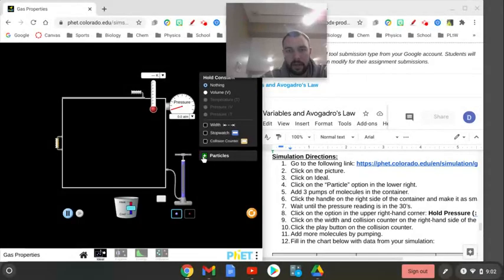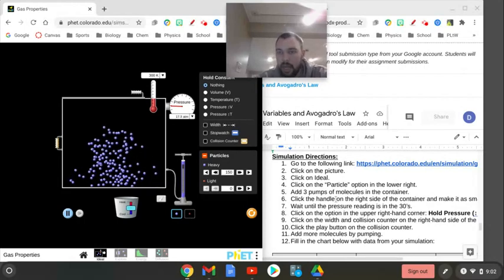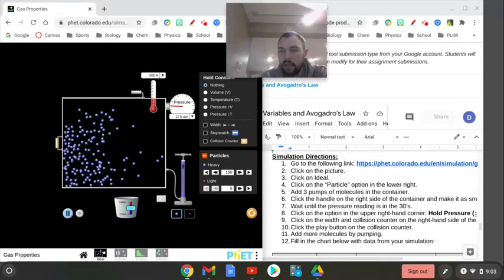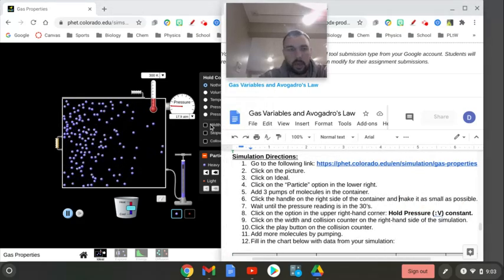It says lower right, right here, particle. Okay, add 3 pumps of molecules to the container. 1, 2, 3. Okay. Click the handle on the right side of the container and make it as small as possible.